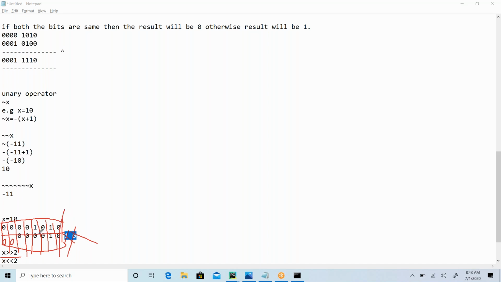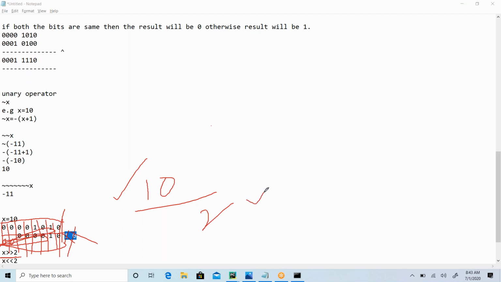Now the value is just 0, 0, 0, 0, 0, 0, 1, 0. The left side zeros don't have any value. So the ultimate value is 1, 0. What is the binary value of 1, 0? 2. This is equivalent to decimal value 2. So the output of x right shift is 2.